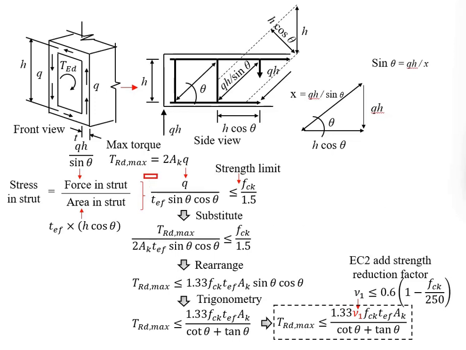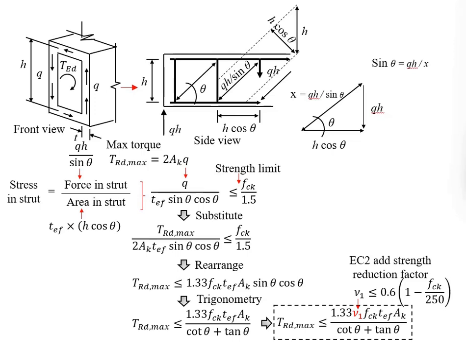It finally emerges into this formula, which is in the function of the shear flow divided by the effective thickness, and you have sine theta and cos theta. This represents the compressive stress taken by the concrete within this section.